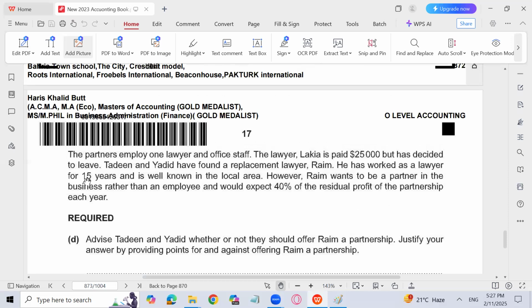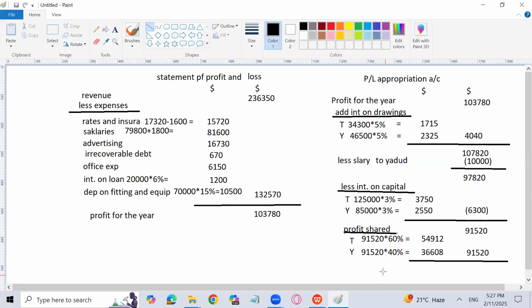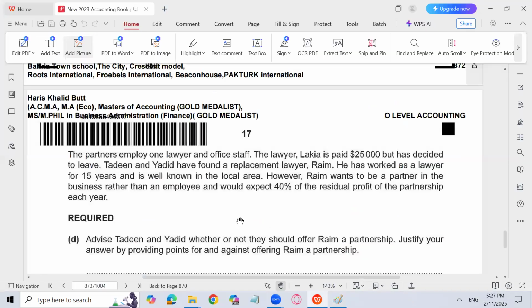Ryan, we can offer him a partnership because we have to pay that lawyer 25,000, and if you just look at the partnership business, we are getting 91520 of profit. So if he will take 40% of the profit, it means that almost 36,000 we have to pay to him as a profit. But he is basically bringing his expertise into the business.